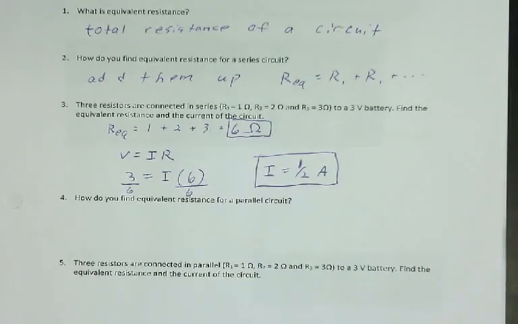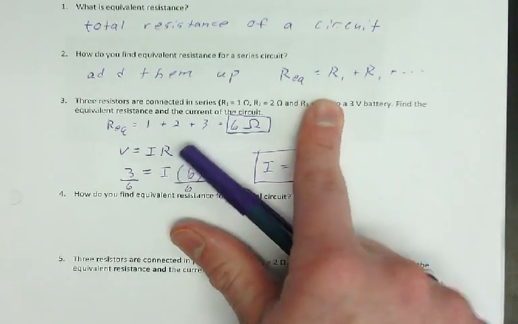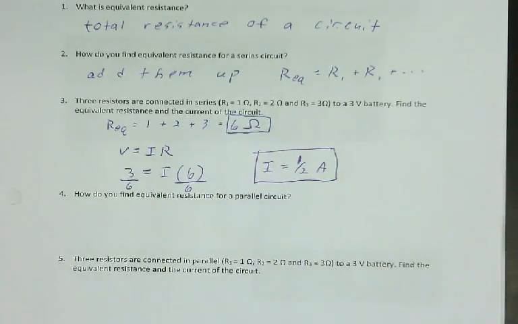How do you find equivalent resistance for parallel circuits? Parallel circuits are different. Remember, the reason we add for series circuits is because in that lab you found that as you added light bulbs, the current went down for series, which meant the resistance had to go up. For parallel, the current went up, which means the resistance has to go down.